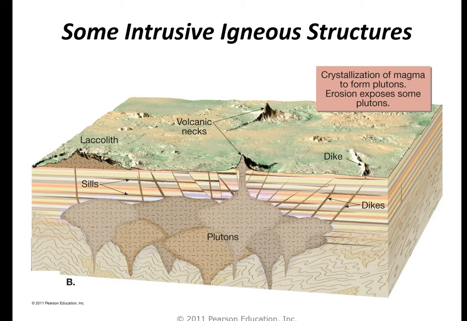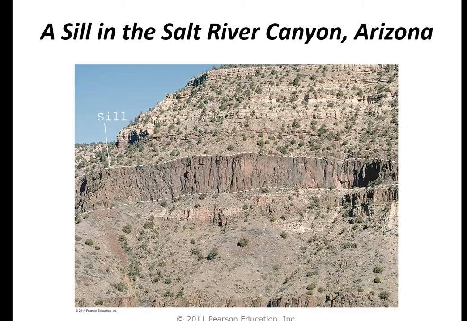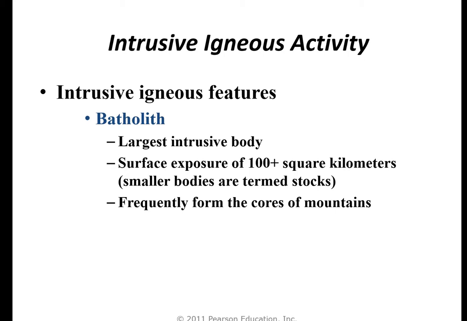Here we can see the plutons at depth. Here's a sill in the Salt River Canyon of Arizona. Intrusive igneous features include a batholith, the largest intrusive body, with a surface exposure of 100 square kilometers, frequently formed in the cores of mountains.